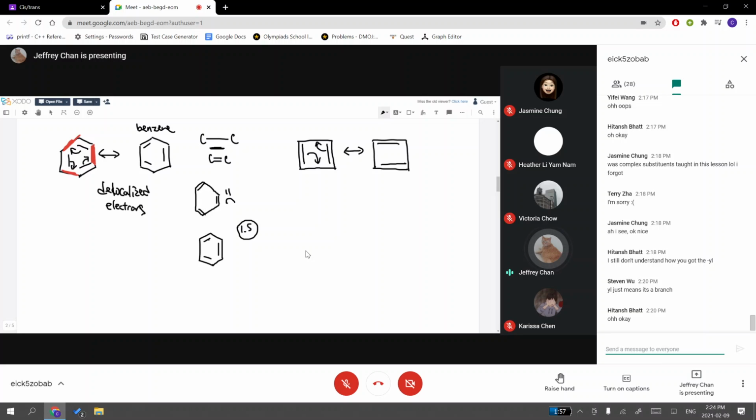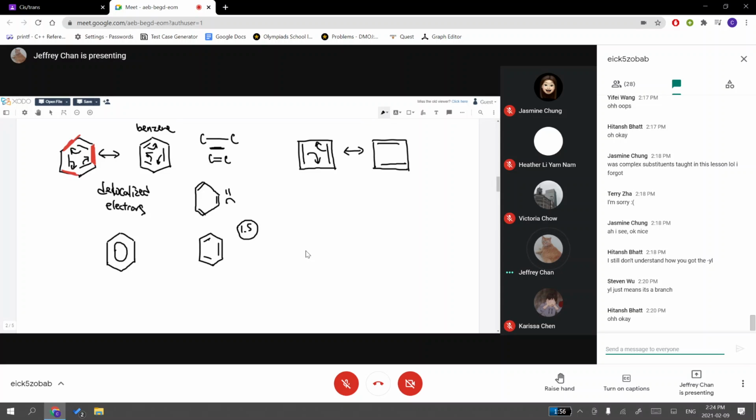So really, some textbooks actually do this, right? They will show this to be the correct structure of benzene, to show that the electrons are constantly moving around, back and forth, delocalized electrons.